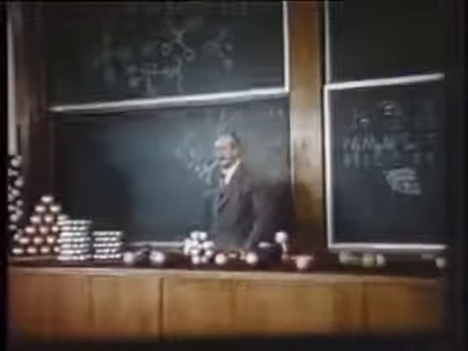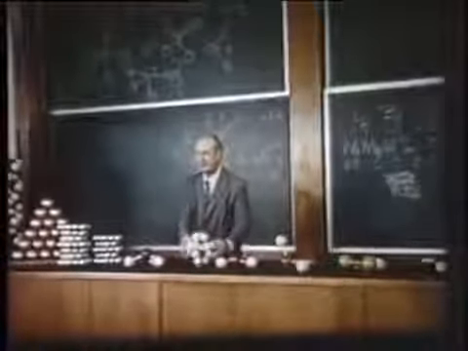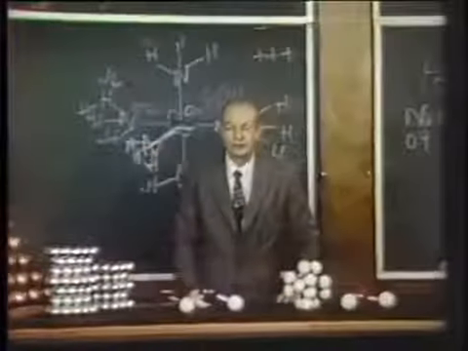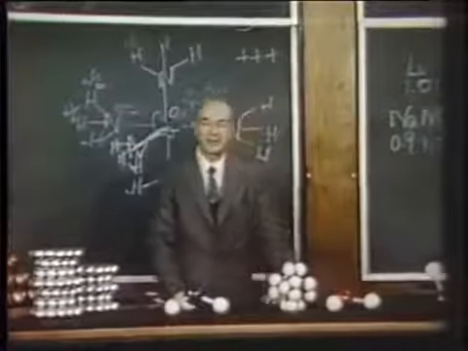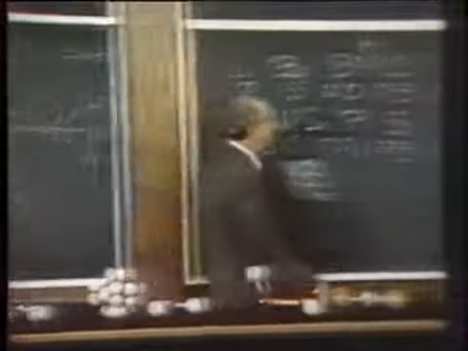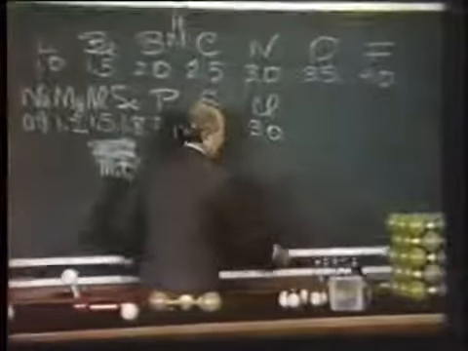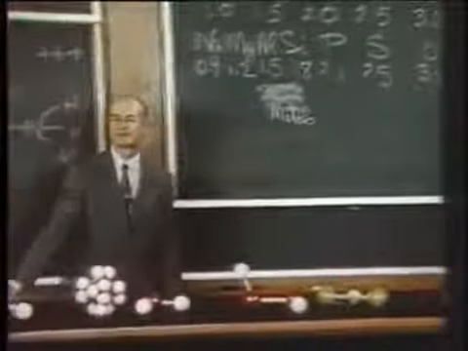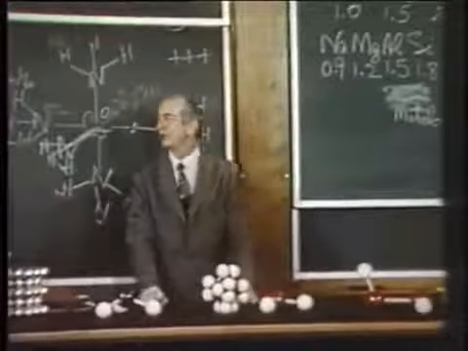There's another aspect of the structure of this complex that I want also to mention. That is the utilization of the orbitals. Let us consider the orbitals that are available for cobalt.